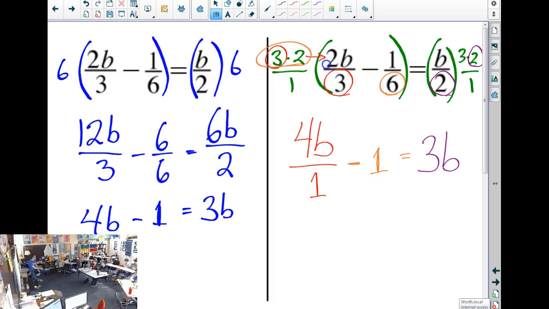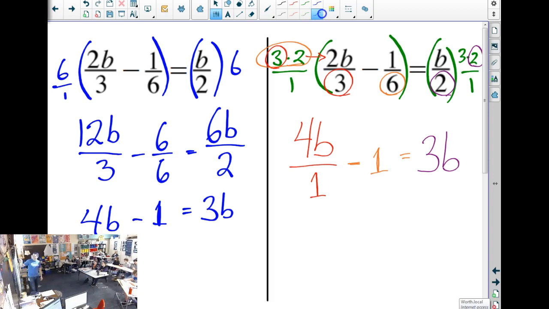You could have multiplied by 36 if you wanted to, because 6 times 2 times 3, if I multiply all of my denominators together, but 6 is 3 times 2. So I can destroy the 6 at the same time as I destroyed the 3 and the 2. So 18 would have also worked, so would have 24, but then I just multiply in the numerators, right?